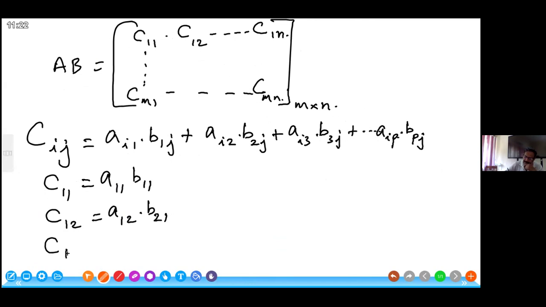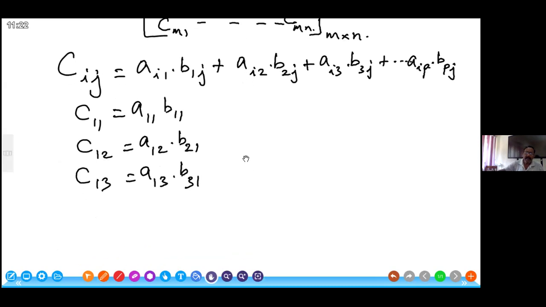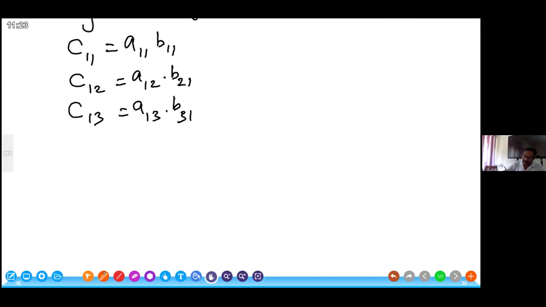Similarly, C13 is equal to A13 into B31. So likewise, you can write it down. Right, we will take a very simple example. Matrix A is given as 2, 3, 4, 8.